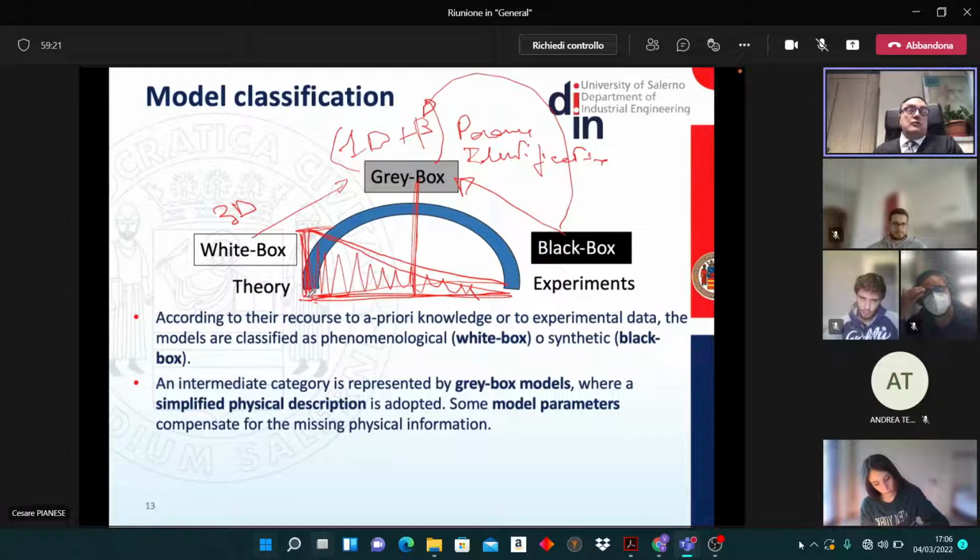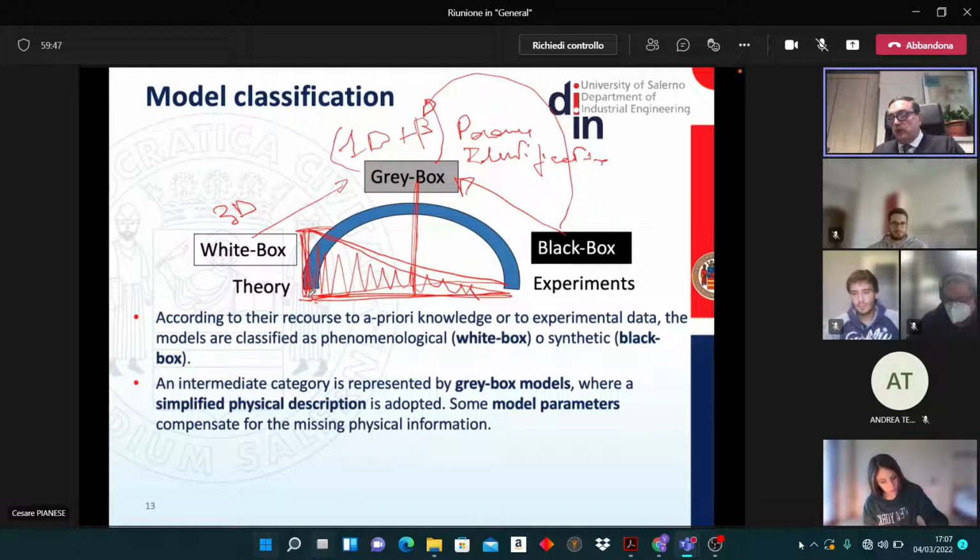You want to reduce the computational effort because you need, for example, a model running in real time, representing the real phenomenon, that should take very low computational resources, so it should be very fast.